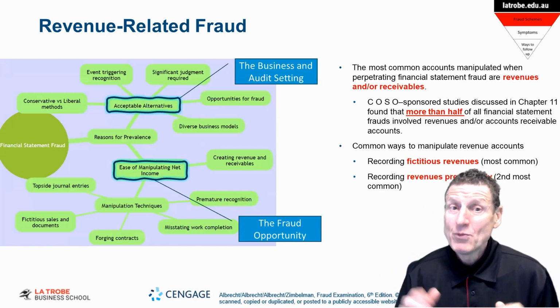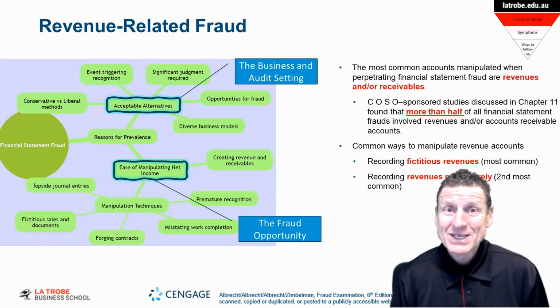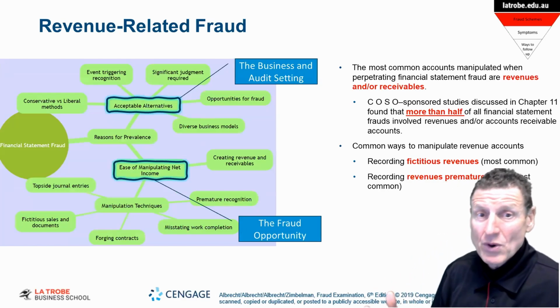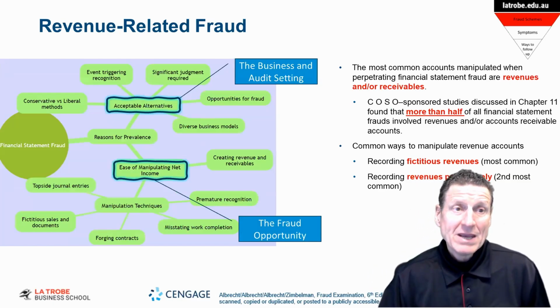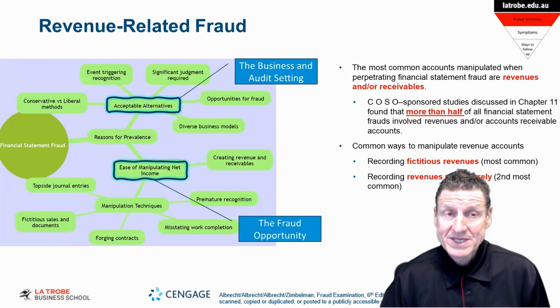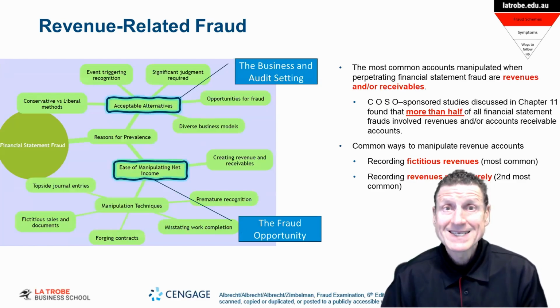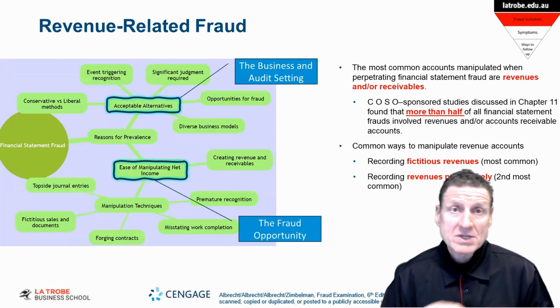Wow. The common ways, you just record fictitious revenues and record revenues prematurely. The second most common. So here we have the reasons. There are many different acceptable alternatives to booking revenues according to the accounting standards. It really depends on the business and audit setting. And because of these alternatives, every industry is different.